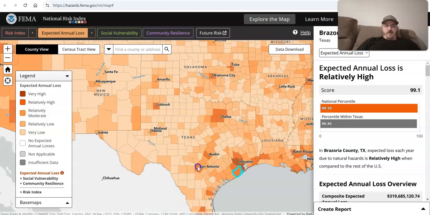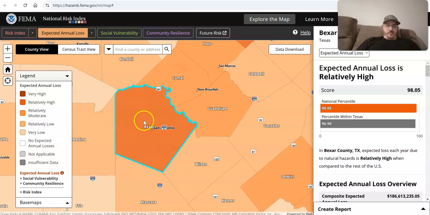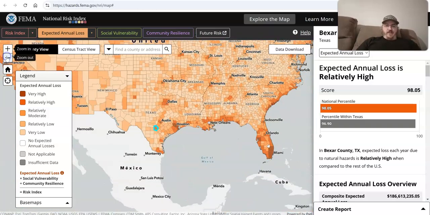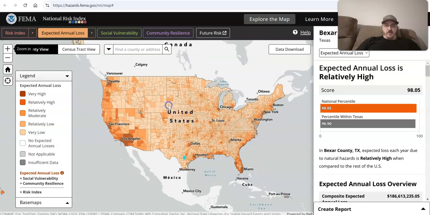And so I'm going to use my market as an example, San Antonio. This is why you really have to. You can't just look at the color and say, okay, I'm only going to invest in the light spots and avoid all the dark spots, because one, that would keep you out of a lot of major markets.